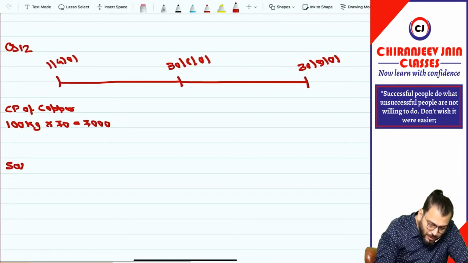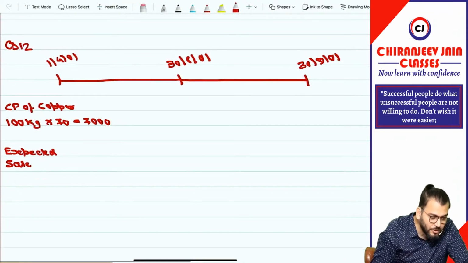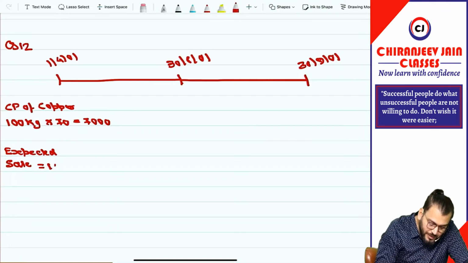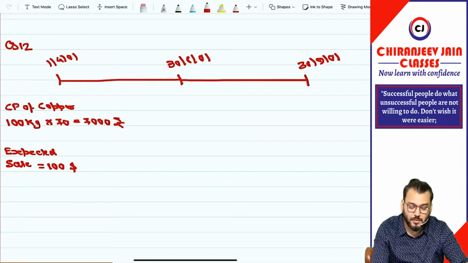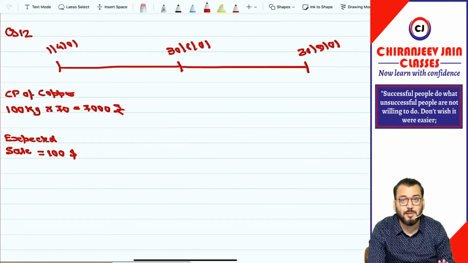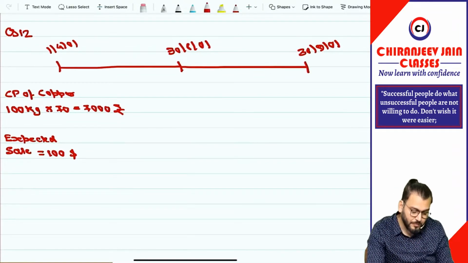And they want to sell, expected sale, 100 kg at 100 US dollar. Means the total price was 100 US dollar. Correct? 100 US dollar. This was the expected sale of copper.